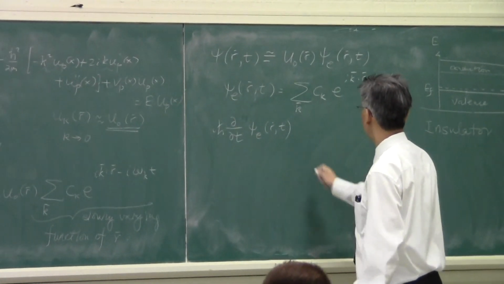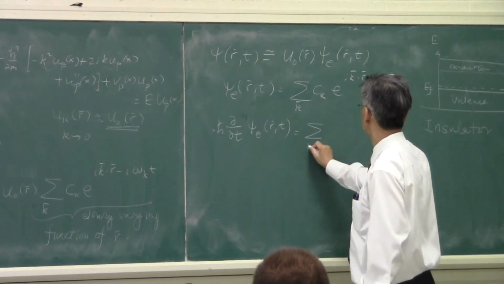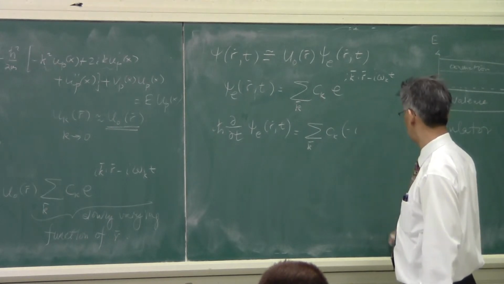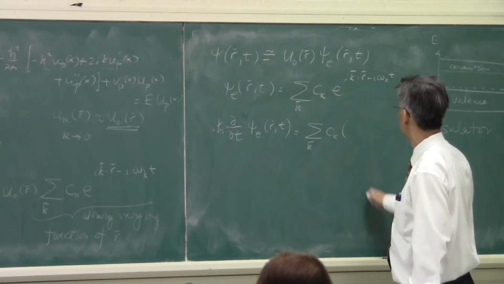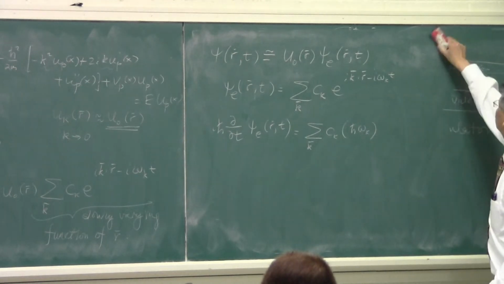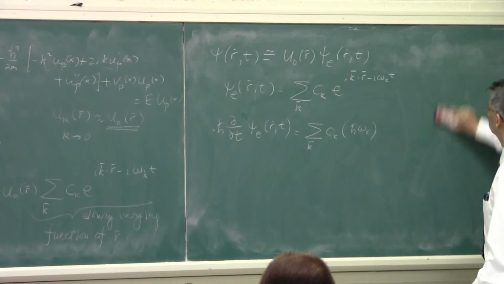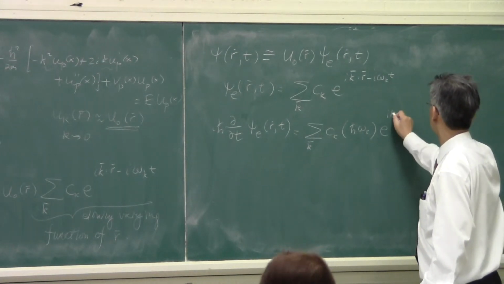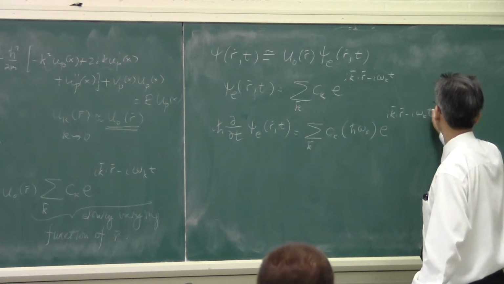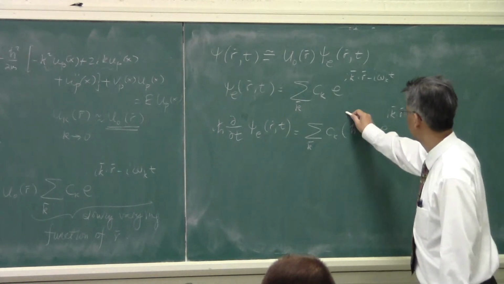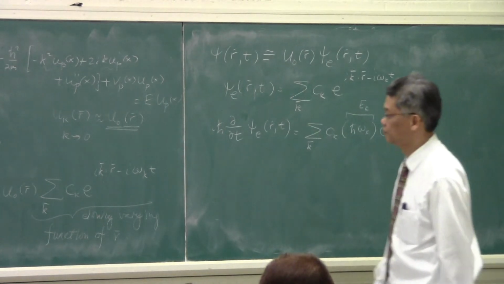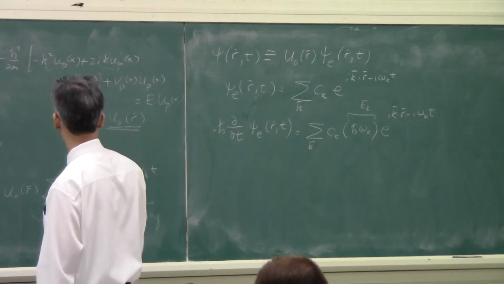Then if I were to take it inside, I would have something like minus i, actually it would just be h bar omega_k times e to the i k dot r minus i omega_k t. Okay, and this h bar omega_k is just E_k. And E_k, as I said before, can be approximated somewhat.